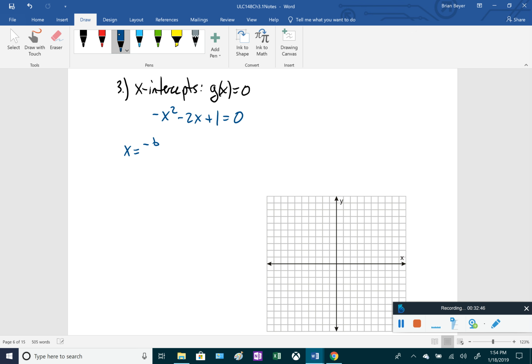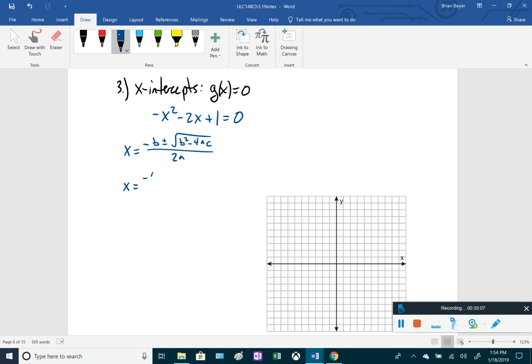So -b plus or minus the square root of b squared minus 4ac, all over 2 times a. So our a is -1, our b is -2, and our c is 1. So let's plug all of these in.